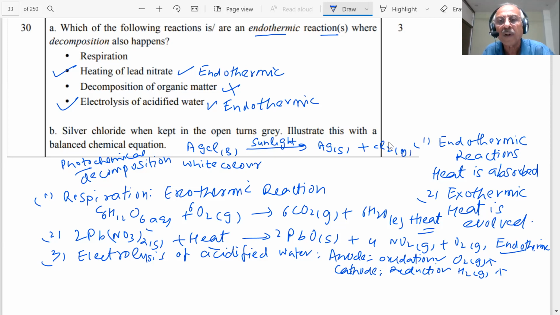This is the balanced reaction. The silver is gray in color. This is due to the photo decomposition of silver chloride by light energy, which produces silver, gray in color.